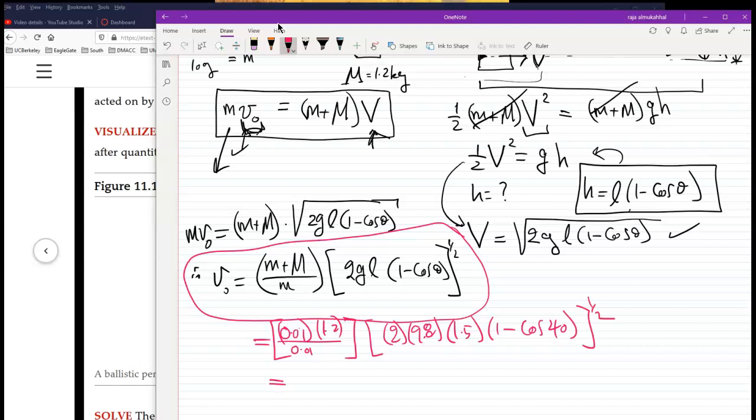You go through that, and I have gotten an answer of, did I get the answer? No, I did not, sorry. So you work it out. His answer was, and I hope mine is correct, it's the same thing. He calls it V1XB, and he got an answer of 320 meters per second.